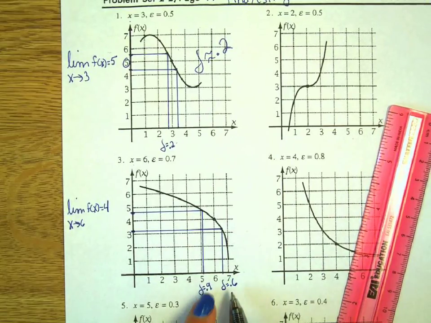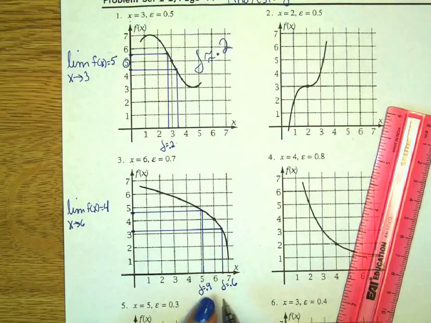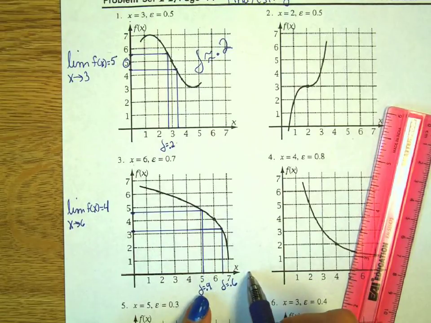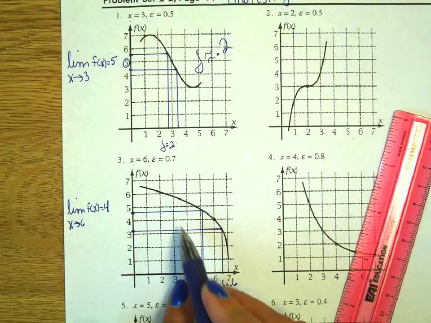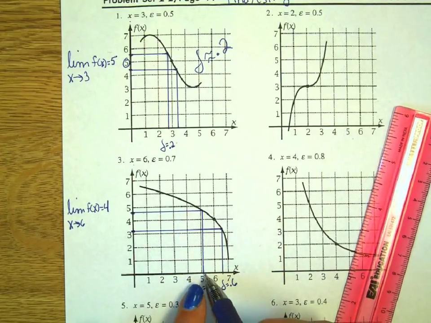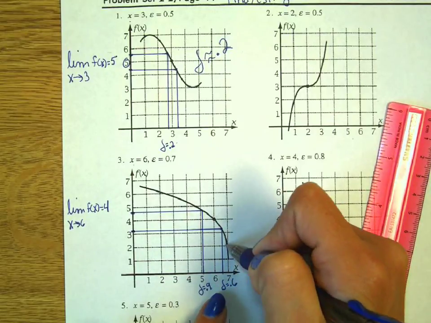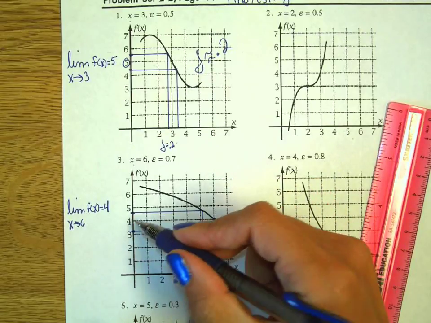So what do you do here when you've got two different deltas because the graph isn't symmetrical around this point? Remember, according to the pictures, whatever delta I pick, I can go on either side of my x value, and everything in there has to be within this window. Well, if I pick the 0.9 and I go way out here to the 0.9 away, and I go up, I hit the graph way before the epsilon window starts.